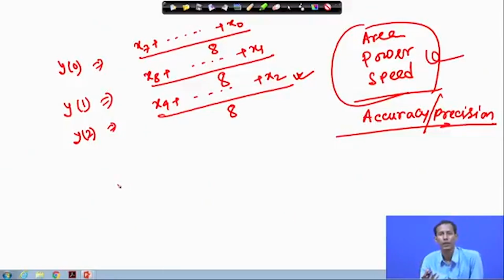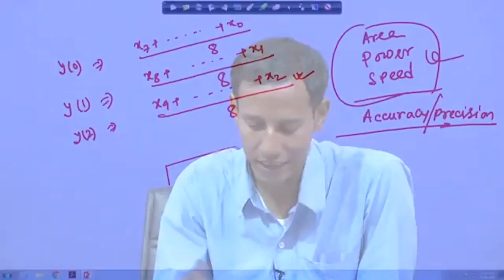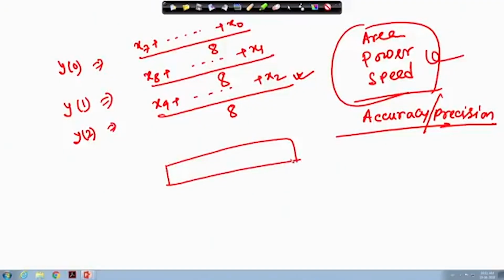whenever we are talking about hardware, we are dealing with a fixed point number system. I think this fixed point and floating point number system is the basics we have already learned in digital electronic circuits. The fixed point number system means we have a word length that is limited.